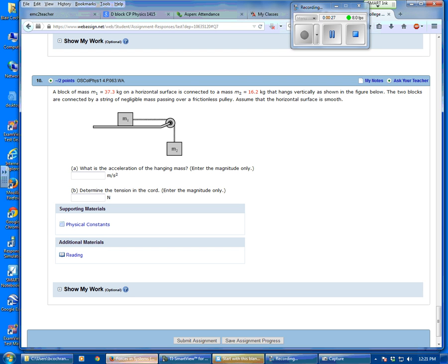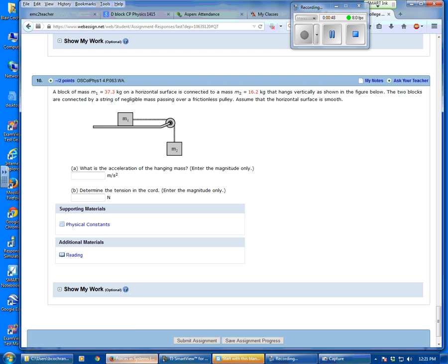So, acceleration of the hanging mass, tension in the cord. They give us some masses of our objects, and no friction, and a frictionless pulley and a cord that has no mass. All sorts of nice fun stuff.